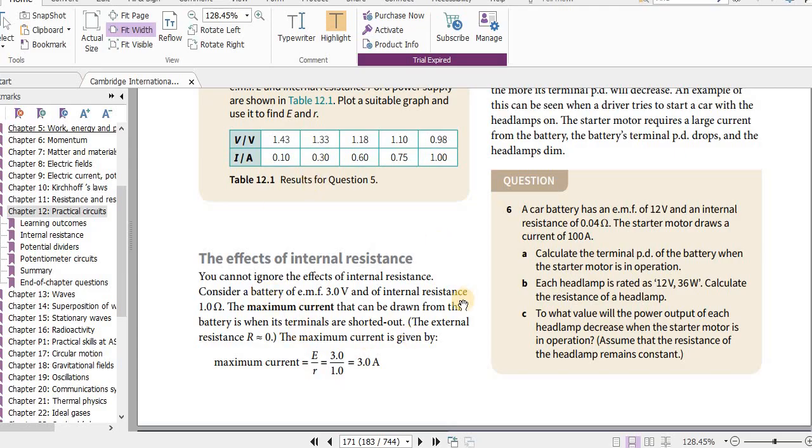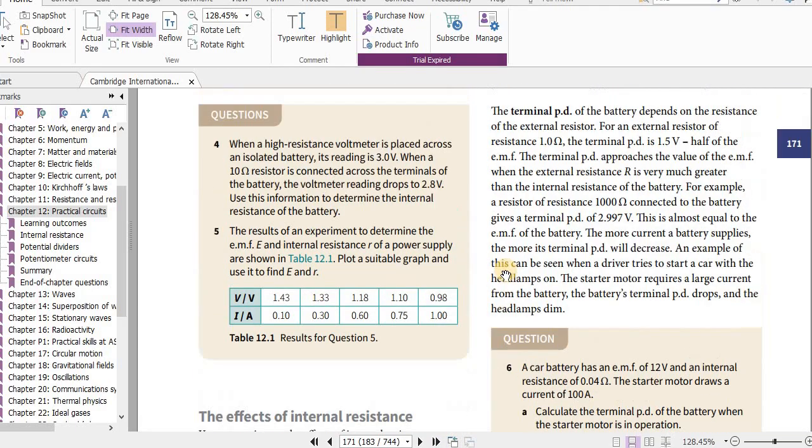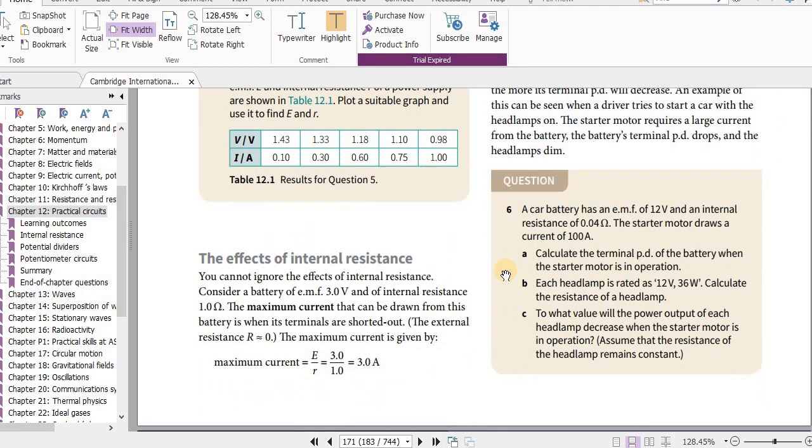So if you directly connect a wire between the two terminals of a battery, the wire has a negligible resistance, so a huge current will flow through it. The external resistance R is equal to 0 if you connect with a wire. The maximum current is given by this, so we can sketch a diagram for this also.